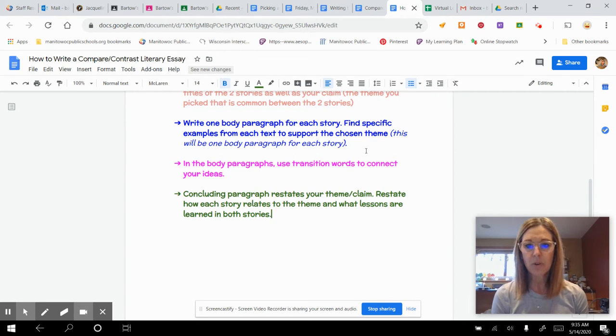And as we work, we want to use transition words to connect our ideas. Today, in our concluding paragraph, we need to restate that theme or the claim, restate how each story relates to the theme, and what lessons are learned in both stories.